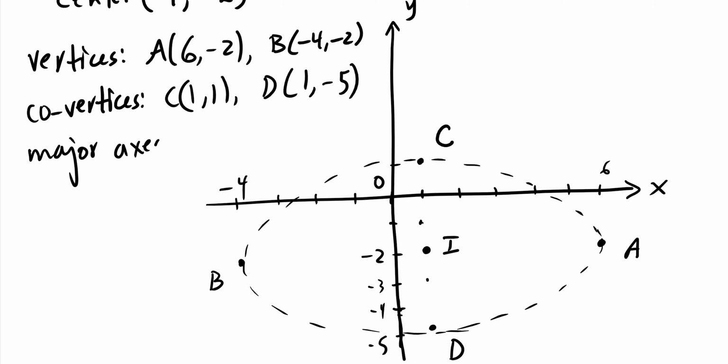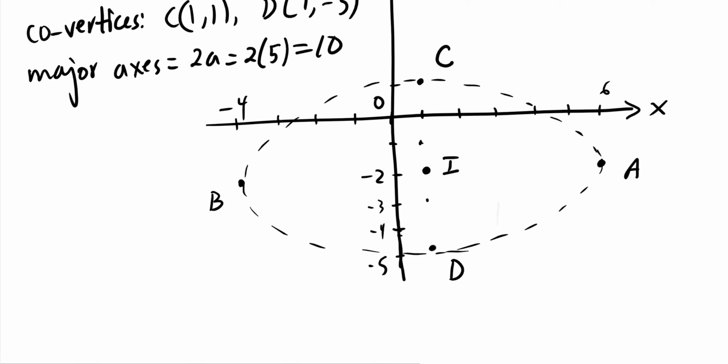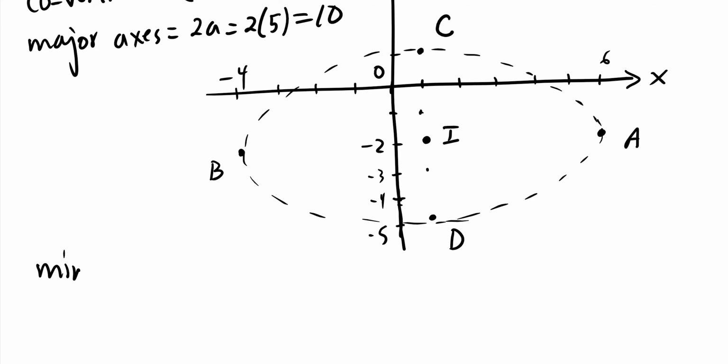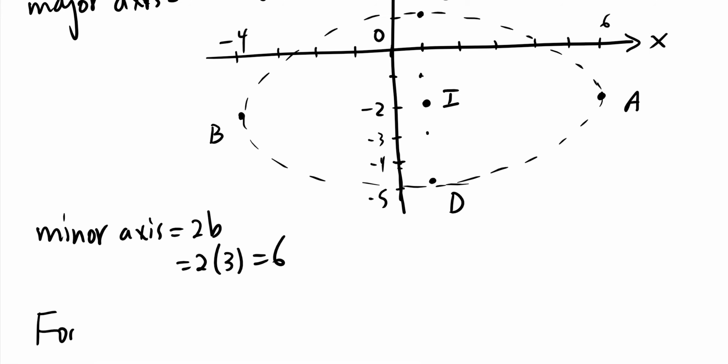Now we can find the major axis. Major axis has a length of 2a. 2 times a was 5, 10. We can find the minor axis. The length of the minor axis is 2b. So 2 times 3, which is 6. We need the foci, F1.